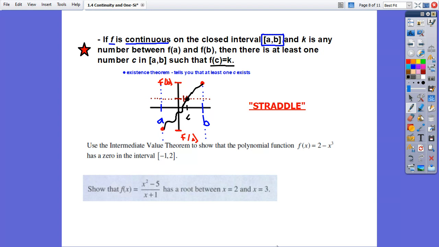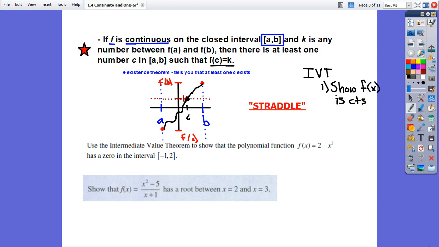Okay, so to use IVT, this is a flashcard. To use IVT, what do we have to show? We have to show that the function, I'll just call it f of x, is continuous. Now, how do I show something's continuous?